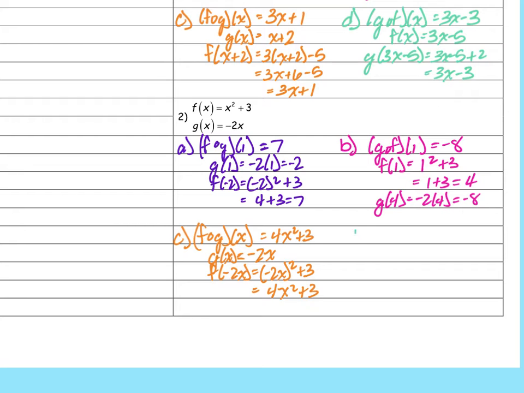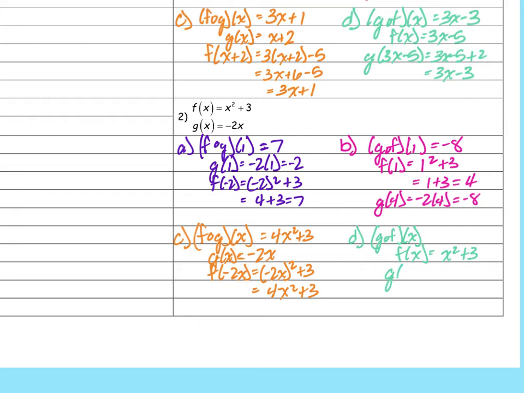And then part D is going to be g of f of x. So f of x is going to be equal to x squared plus 3.